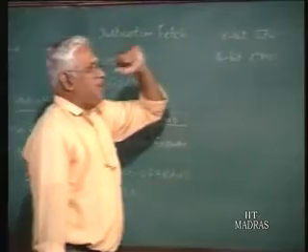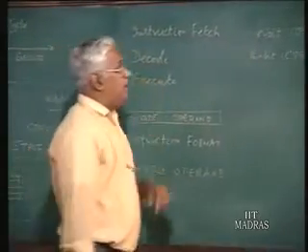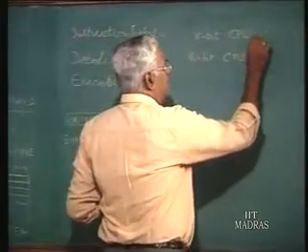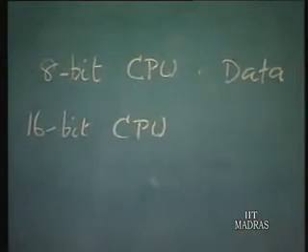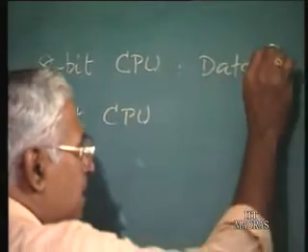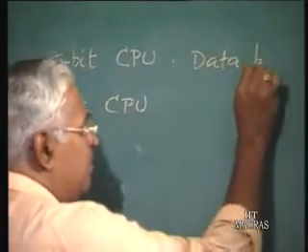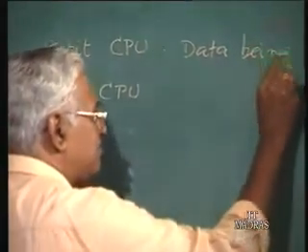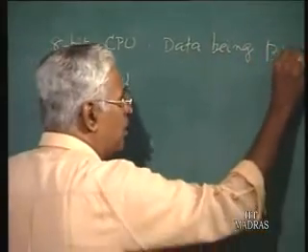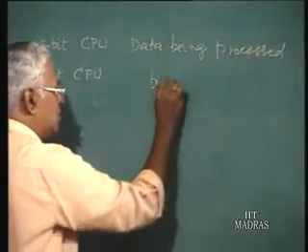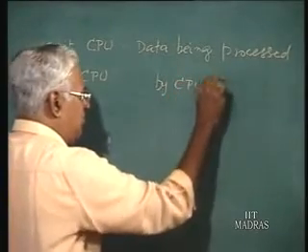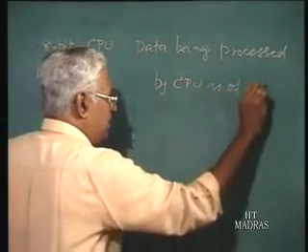An 8-bit CPU basically means the data that can be handled by the CPU is of 8 bits. That is, data being handled, I would put it as being processed by the CPU, is of width 8 bits.